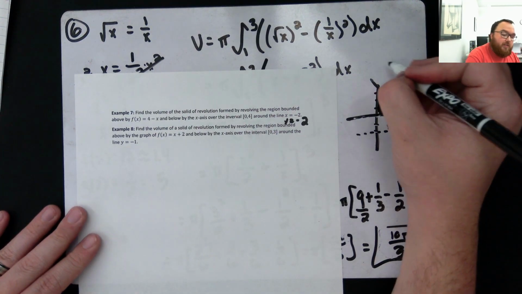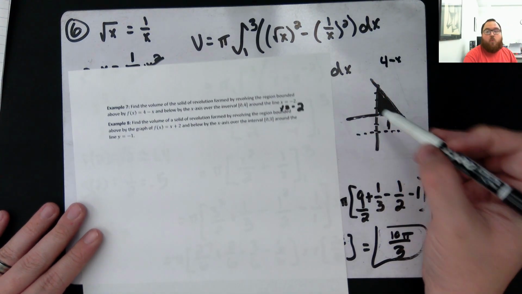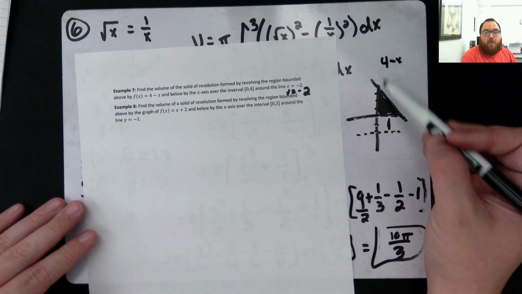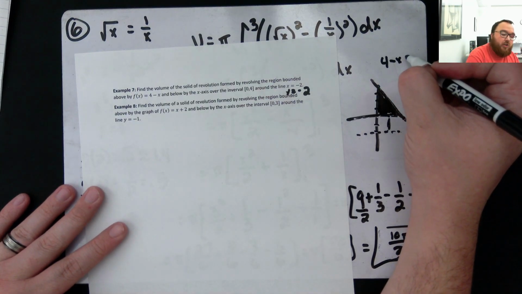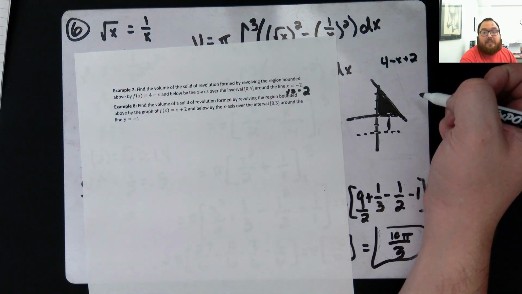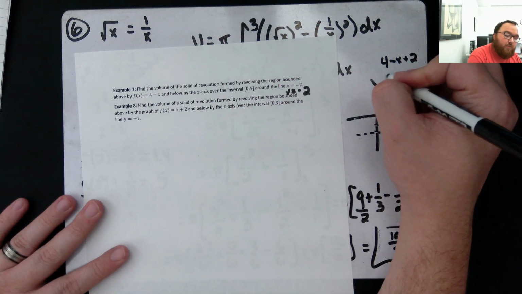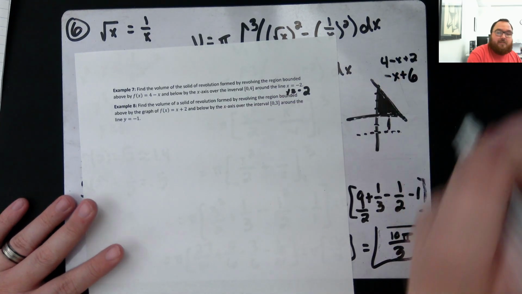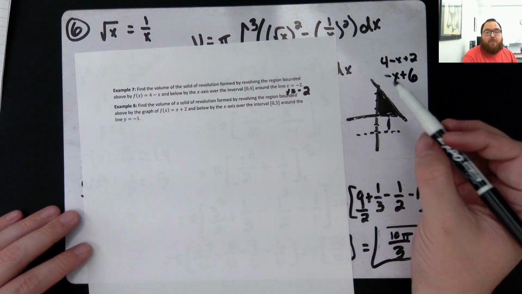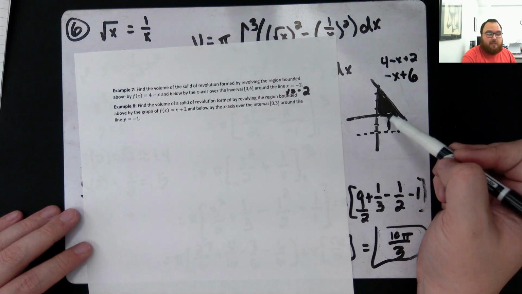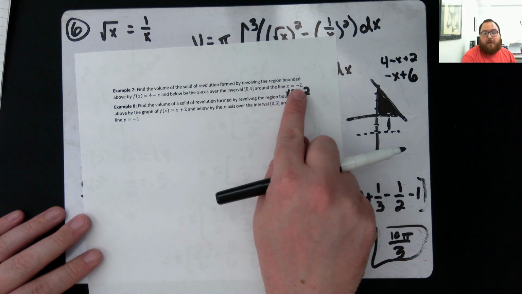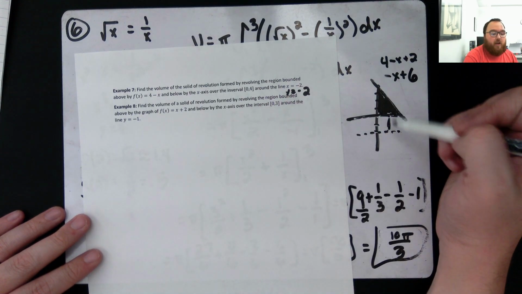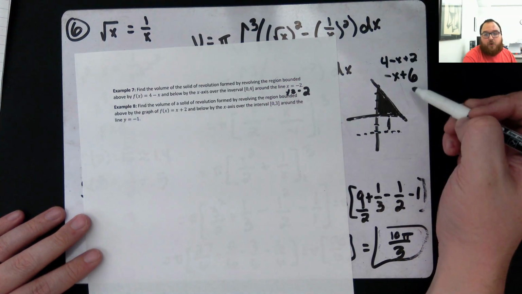It was 4 minus x, but I'm moving it up 2 places, which means I'm adding 2. So instead, I'm going to be looking at the graph negative x plus 6. Again, because my rotation line has moved by 2 places, I'm moving it up 2 places, so I'm going to add 2.